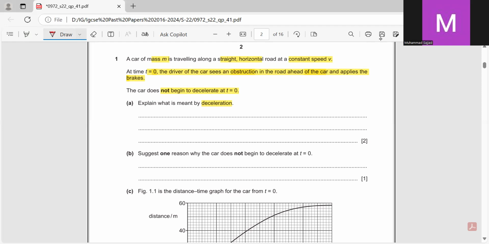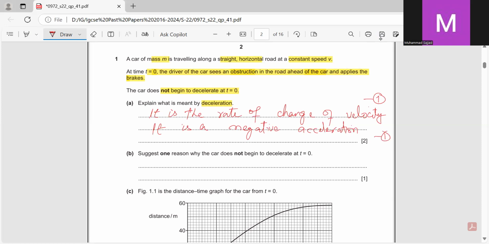Number 1, we can say that it is the rate of change of velocity. This will give you 1 mark. Then don't forget to write that it is a negative acceleration. This will be the 2nd mark. In this way, you can score the 2 marks.